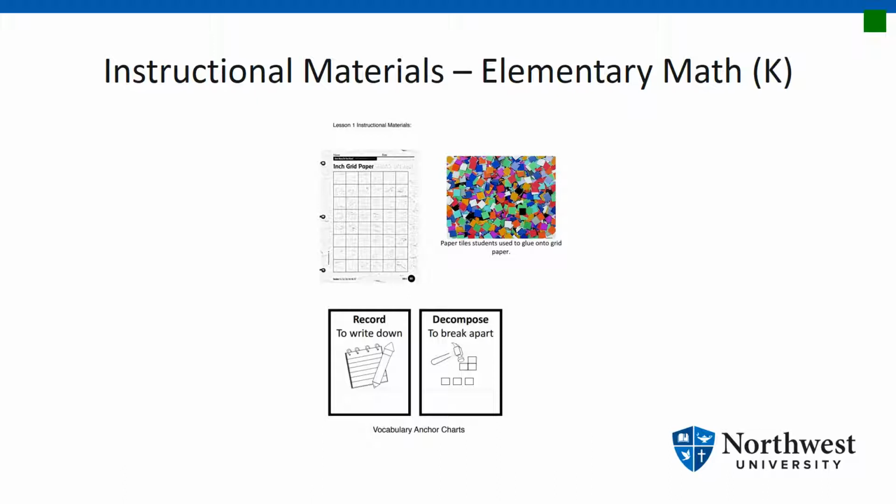And they had a picture of the paper tile students are going to use, and they had the grid paper students would use, and then they had the anchor charts that were hanging on the wall of the classroom. And they just put all of these on one page. It is absolutely okay to do. It does not say that you have to have a separate page for each instructional material. You can only have a total of 5 pages for each lesson plan of instructional materials. So this person got them all into one page. So there we go.